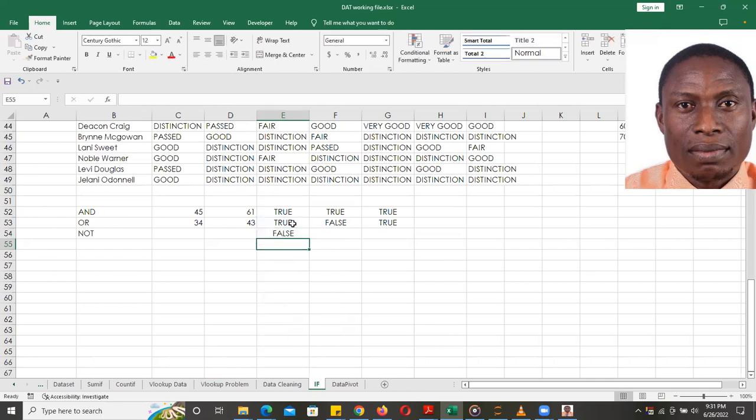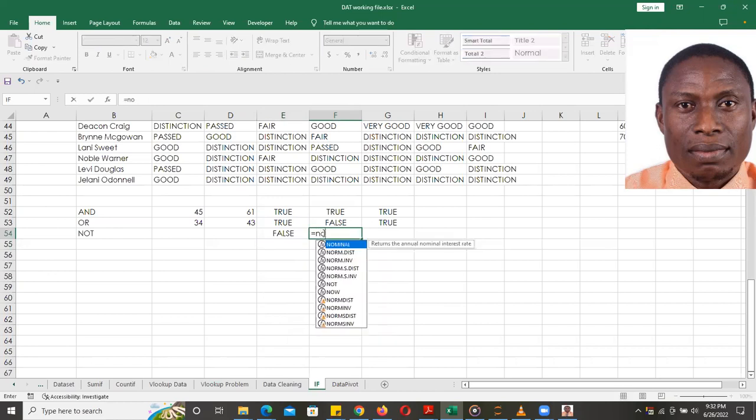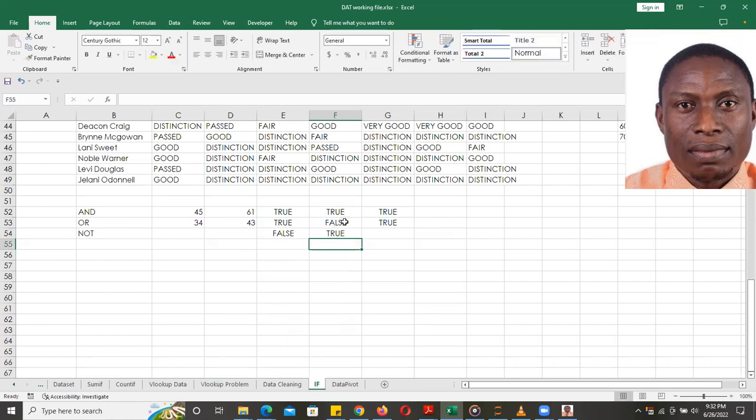Then it's giving us the opposite value. That means the NOT will negate the original value that you key in. So let's try this. It's giving us true. Did you get it? Yes, sir. Beautiful.